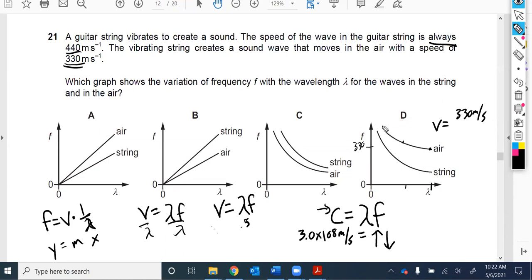What is the slope of this going to be? The rise over the run. What is frequency divided by wavelength?